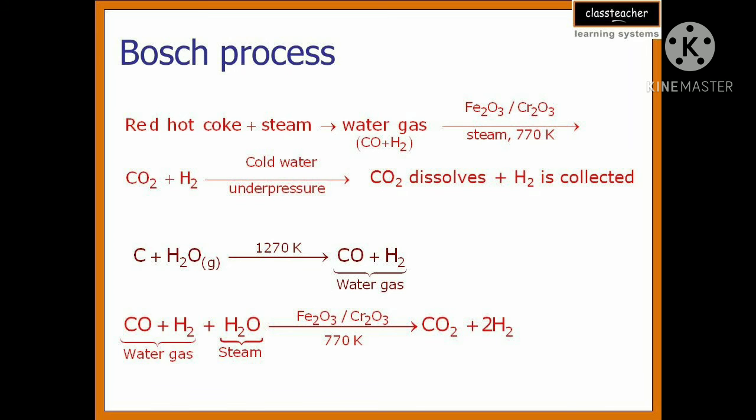Then in step 2, the reaction that takes place is reduction of steam to hydrogen by carbon monoxide. Here the reactants are water gas and excess steam. The temperature maintained over here is around 450 degrees Celsius. The catalyst involved is iron 3 oxide, that is Fe2O3, and promoter chromic oxide, that is Cr2O3.